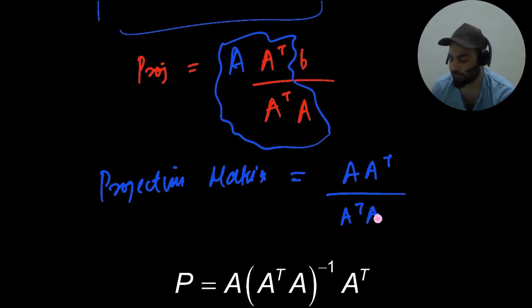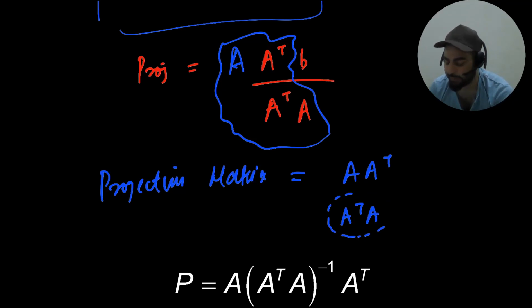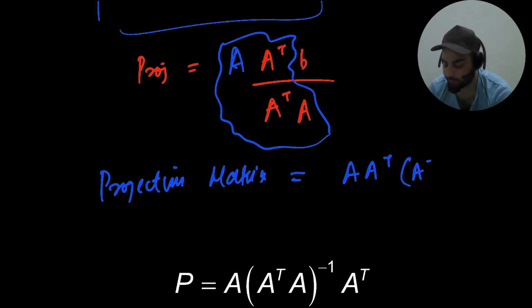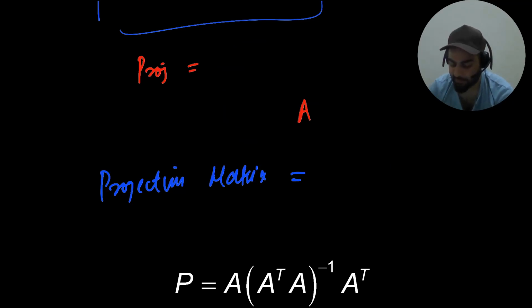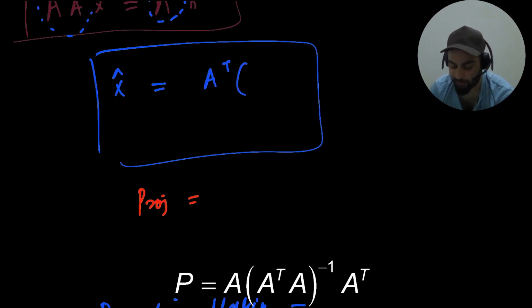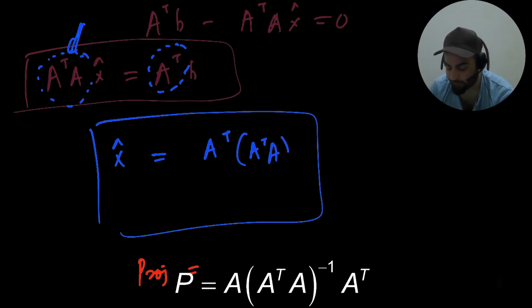Now we cannot write it like this. Why? The problem here is it's not a number, so we should write it in the inverse format, because this itself is a matrix. So I will write it as A transpose A inverse, because these are not numbers. In that earlier case A transpose A was a number.